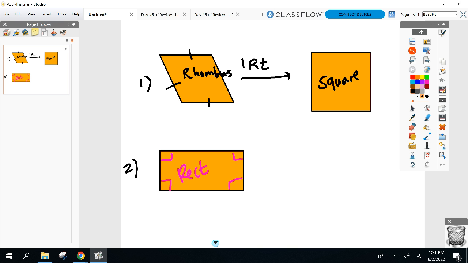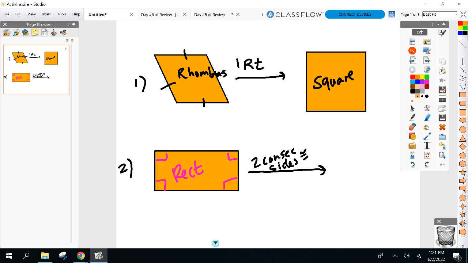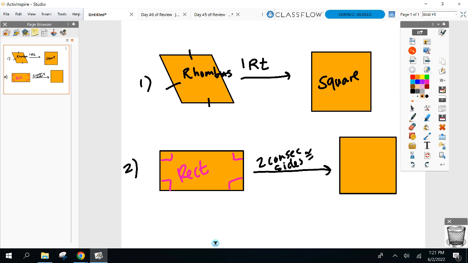Then you're going to have to show not all four sides, just two consecutive sides congruent. Then you'll have a square. So that's how I get to a square: rhombus first, or a rectangle, and then a little extra to it.